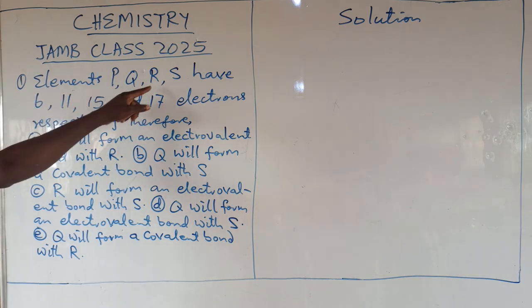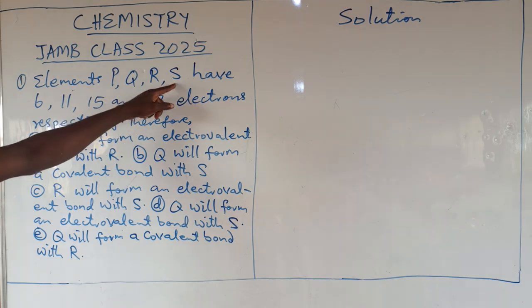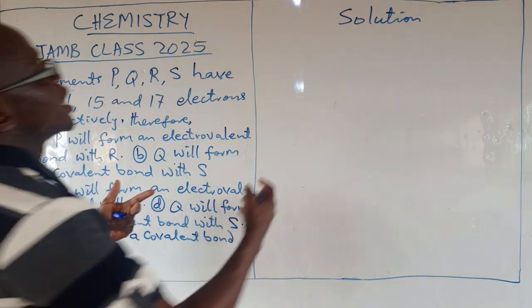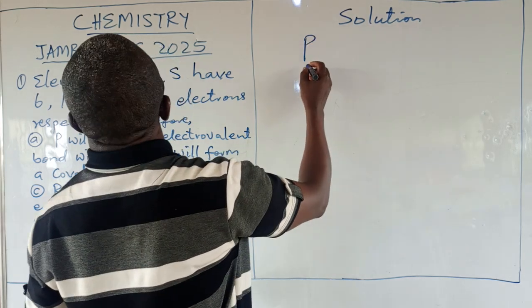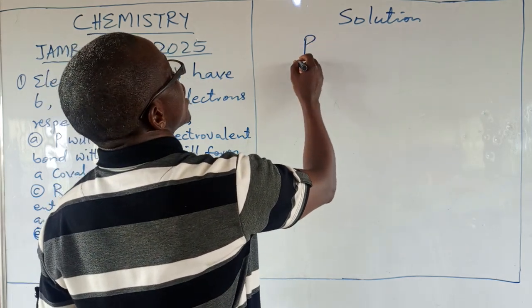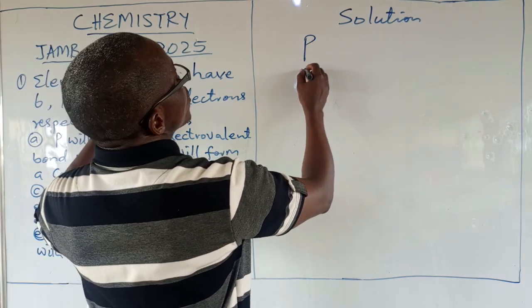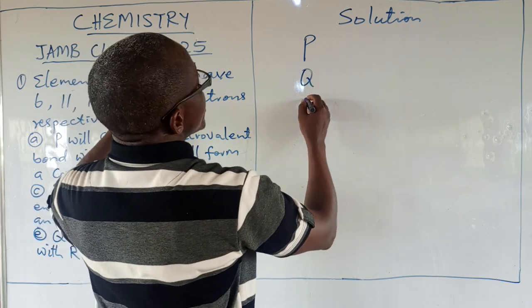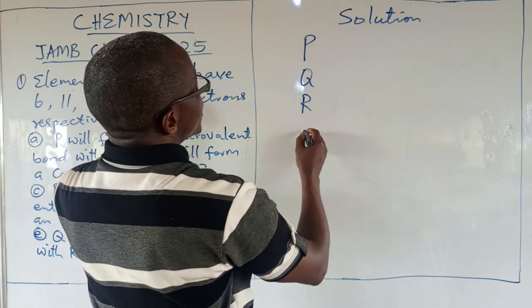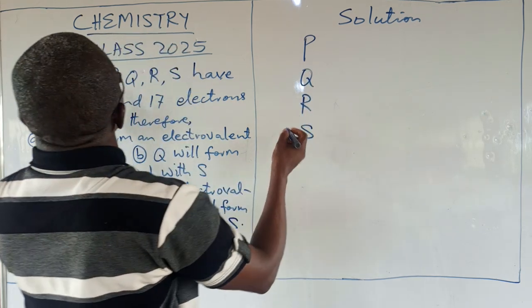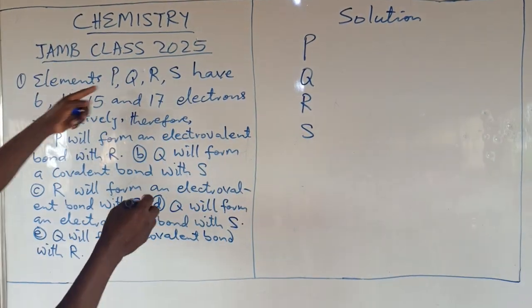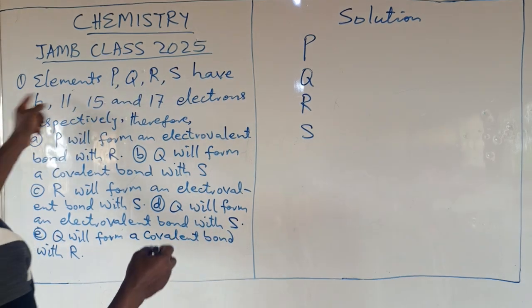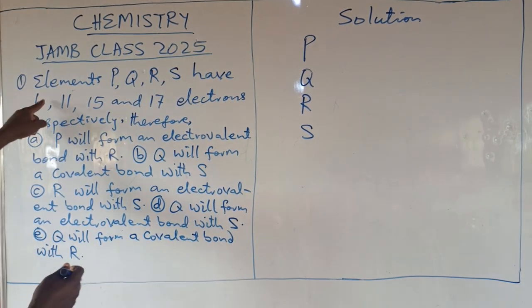Let me arrange them: P, Q, R, and S. Since none of them has a charge, the number of electrons is equal to their atomic number.